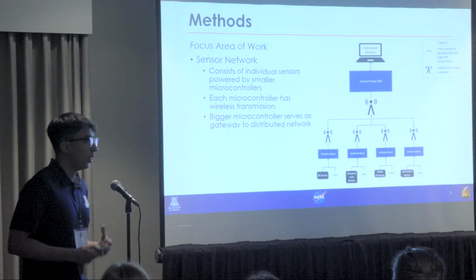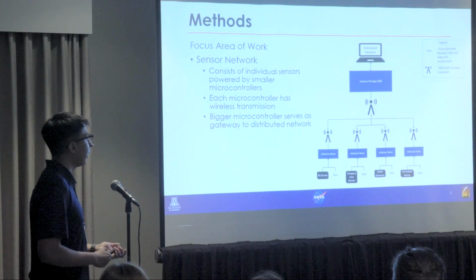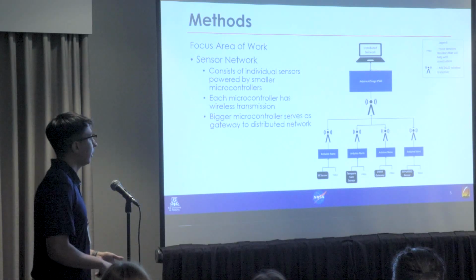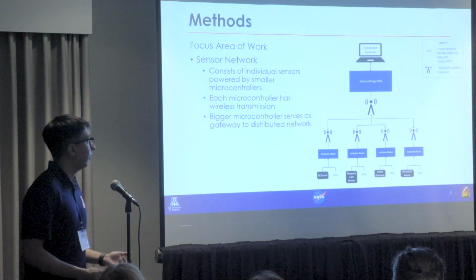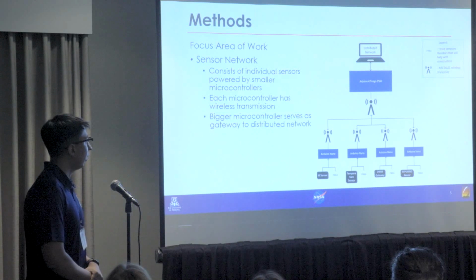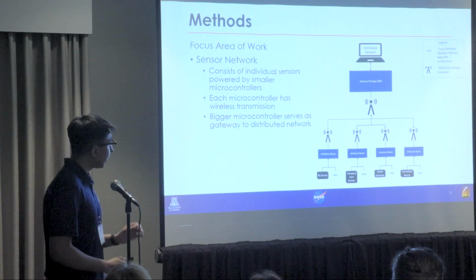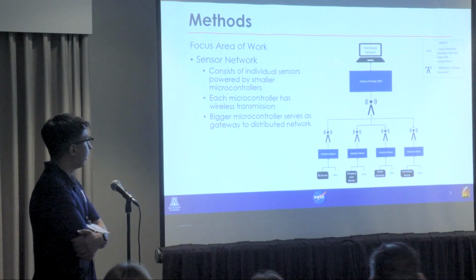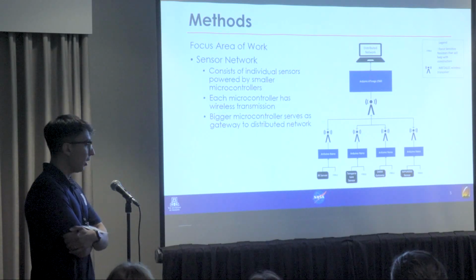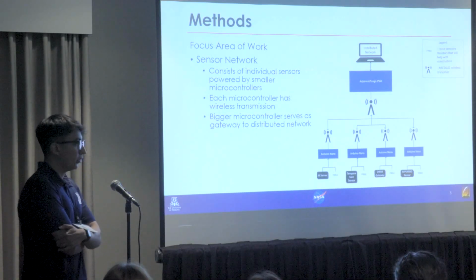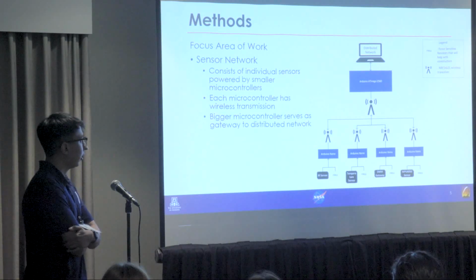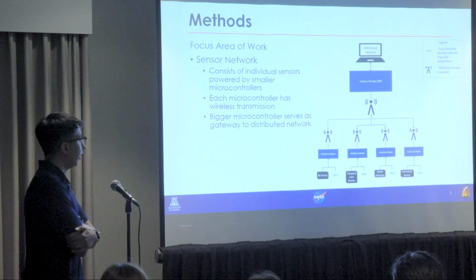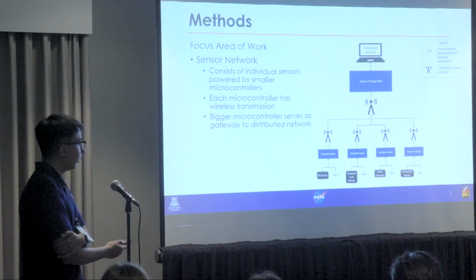We want everything wirelessly transmitted to a gateway, which could connect to a distributed network, either via LAN or wireless. The bigger microcontroller, an ATmega2560, which is just an Arduino Mega, serves as a gateway to the distributed network because it has larger registers and more capability on the bus.